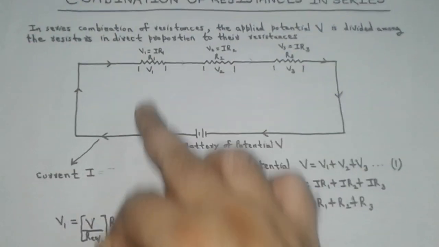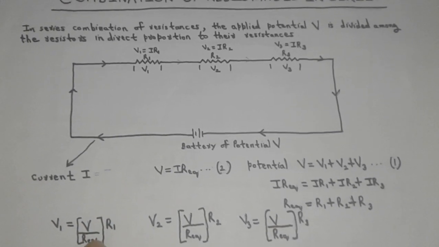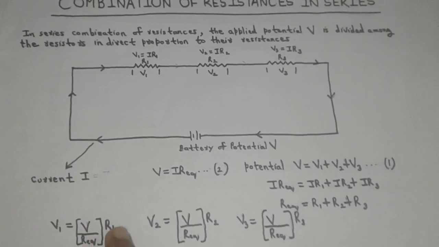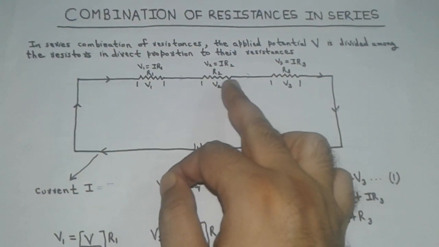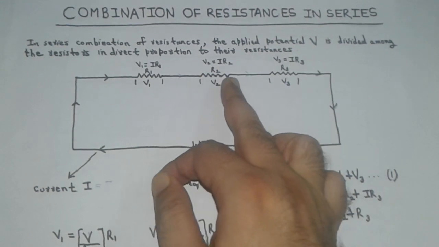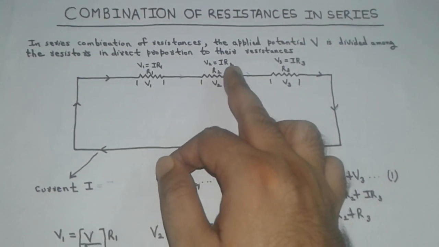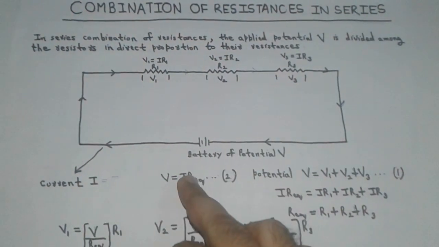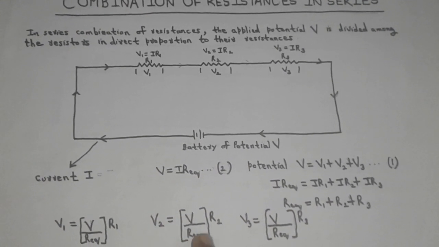So substituting, we get V1 is equal to V upon R equivalent into R1. Similarly, the potential drop across resistor with resistance R2, which is V2, is given by V2 equal to I R2 from Ohm's law. Then substituting the value of I from equation 2, we get V2 is equal to V upon R equivalent into R2.